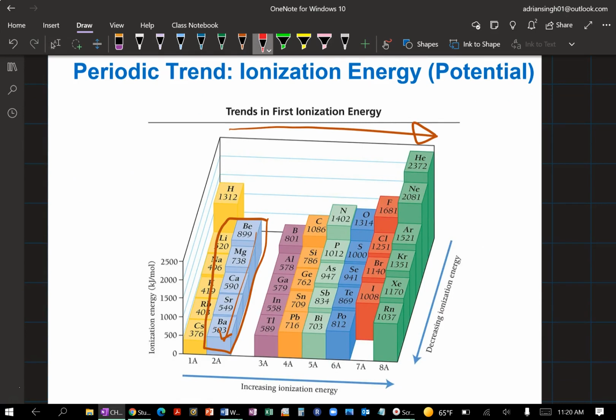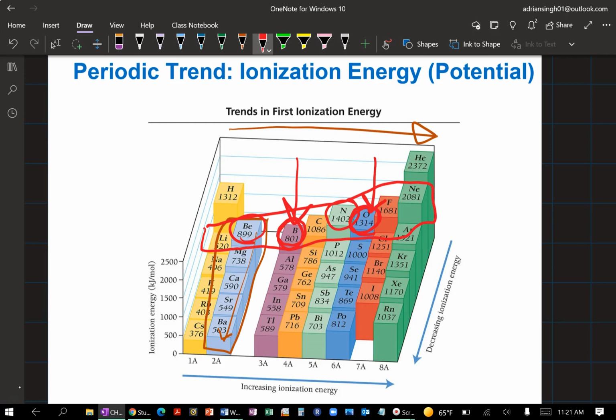So for example, if we look at period 2, lithium, beryllium, boron, carbon, nitrogen, oxygen, and fluorine, you can see boron, for example, has a lower ionization energy than beryllium, and oxygen looks like it's got a lower ionization energy than nitrogen. So why are there those exceptions to that general trend that we talked about previously?